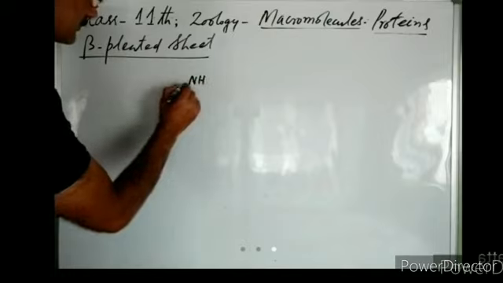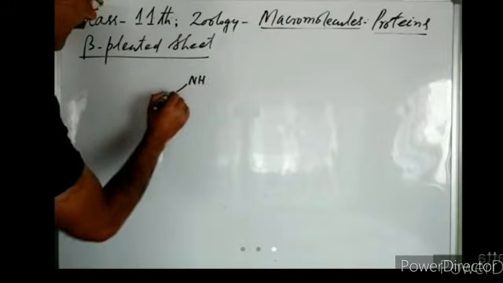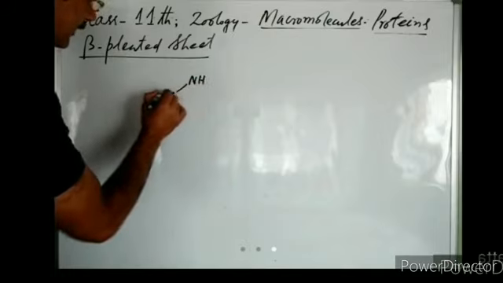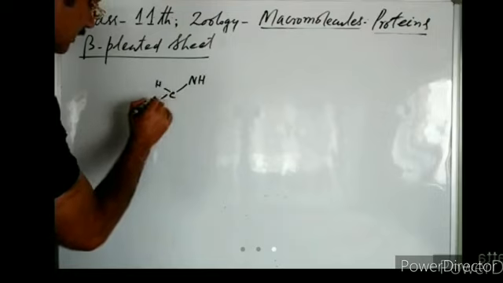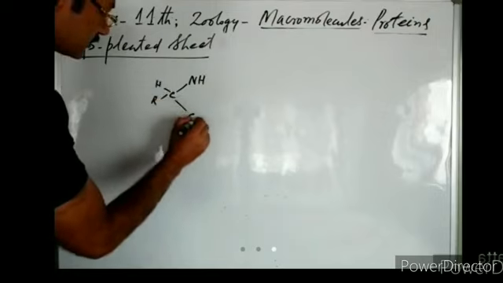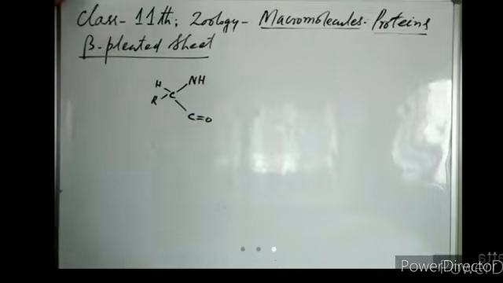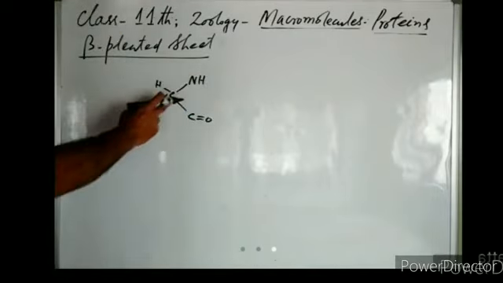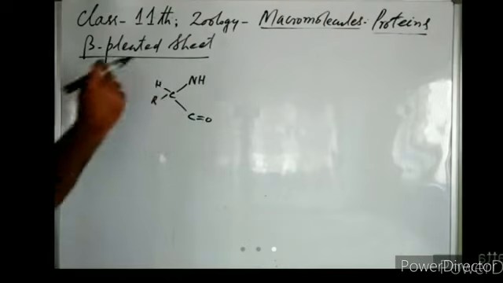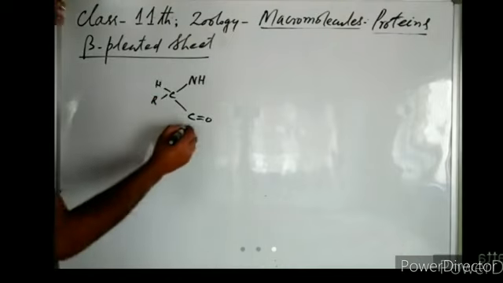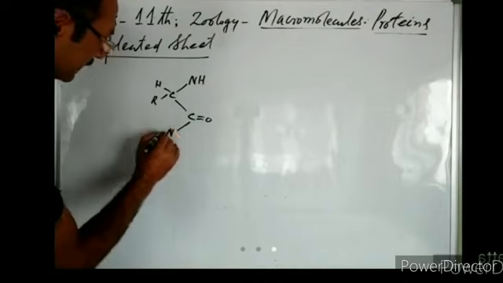This is NH, CH, R, C double bond O. This is one amino acid, isn't it? Amino group, alpha carbon, hydrogen atom, R group, and carboxyl group. One amino acid. It gets linked to another amino acid.